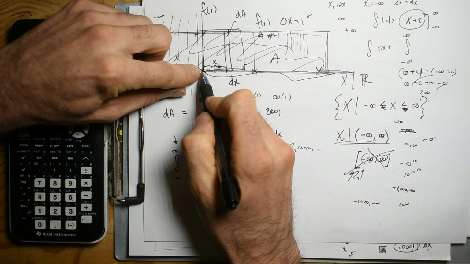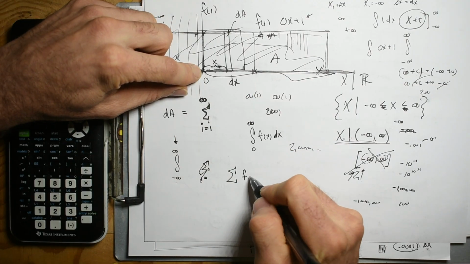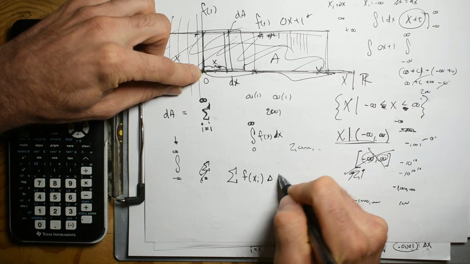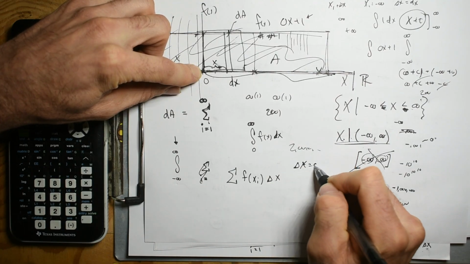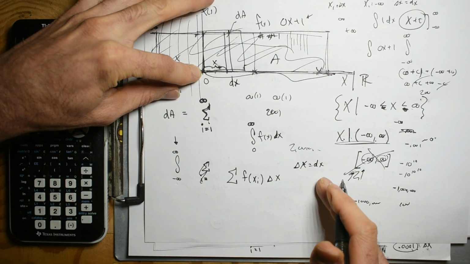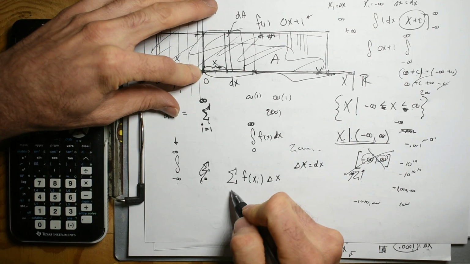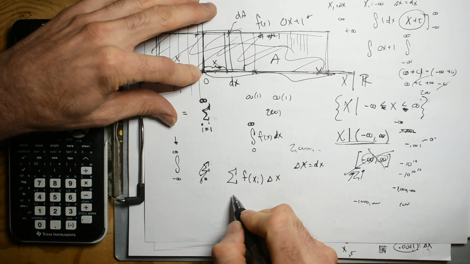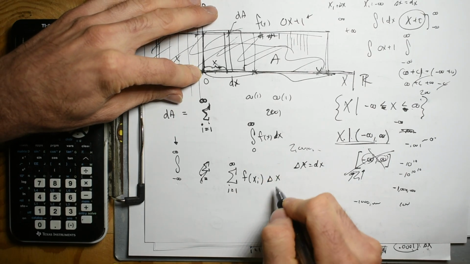And we're going to start at a value of x is equal to 0. But we still need this function, x of i. And then we're going to have change in x. And this change in x is going to be dx. It's going to be very, very small. And then we're going to have i is equal to 1 to infinity.